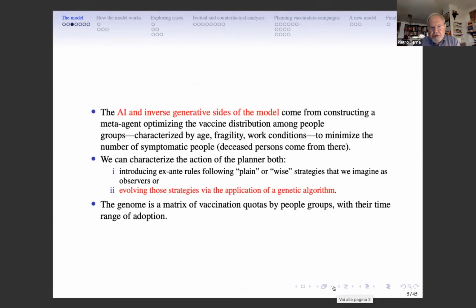The first is introducing ex-ante rules, either very simple, named plain here, or wise, indeed seemingly wise, because we will see they are not so wise but realistic in Italy, or asking a genetic algorithm to find the best parameters to distribute the vaccines. And the genome, in this case, is a matrix. A matrix of what? Of vaccination quotas by people groups with the time interval of application of the different groups.